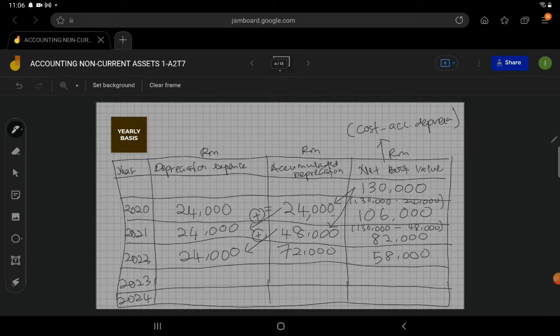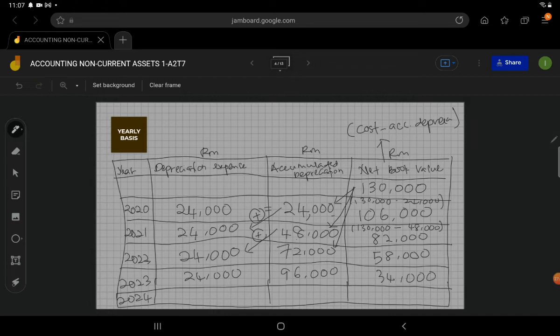Okay, net book value, cost minus accumulated depreciation. 2023, still the same, 24,000, and then the accumulated depreciation 96,000. The net book value 34,000.